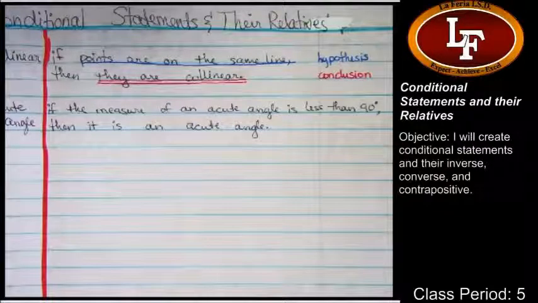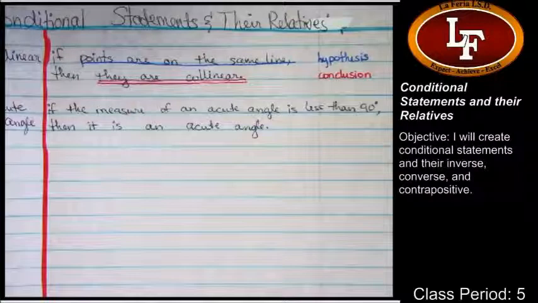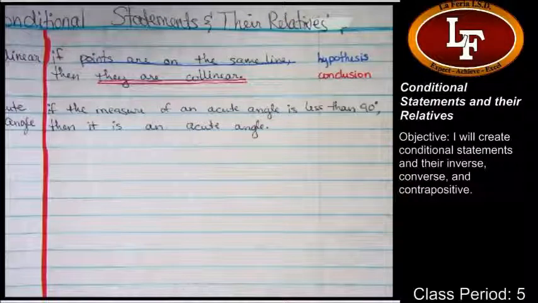When you're done writing, take a few seconds right now. Underline the hypothesis, double underline the conclusion. Do not underline the word if. Do not double underline the word then. Those are place markers, landmarks. So underline the hypothesis, double underline the conclusion. If you're using different colors, just change the colors.